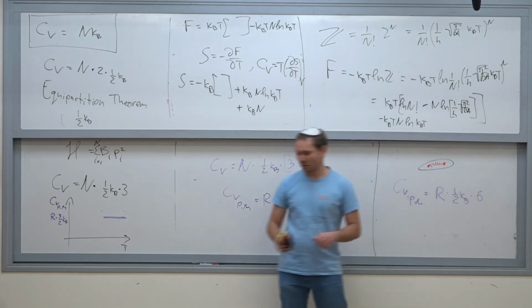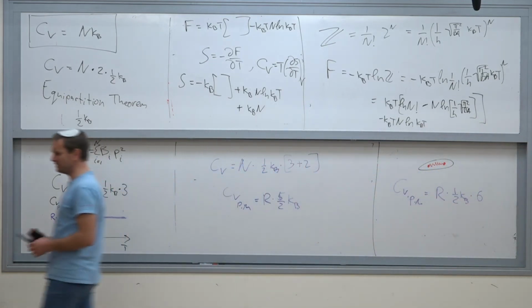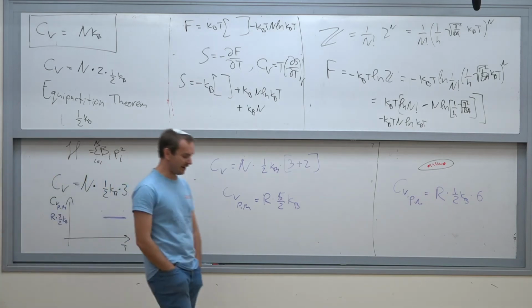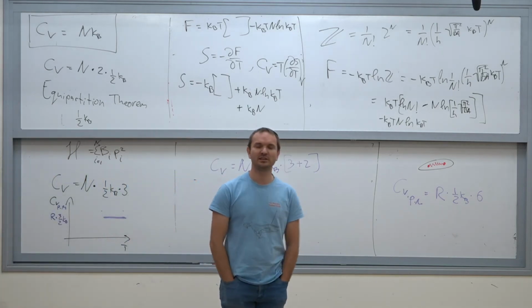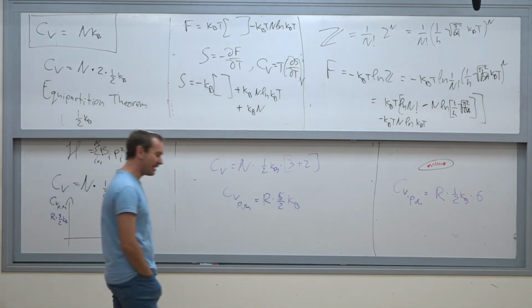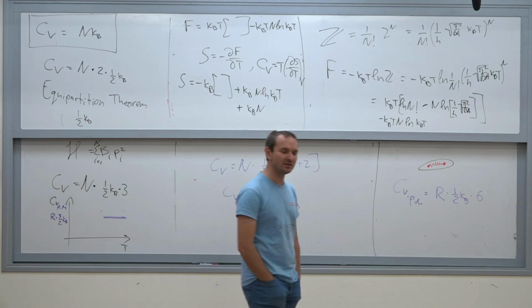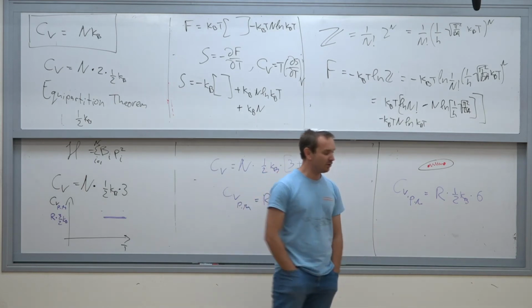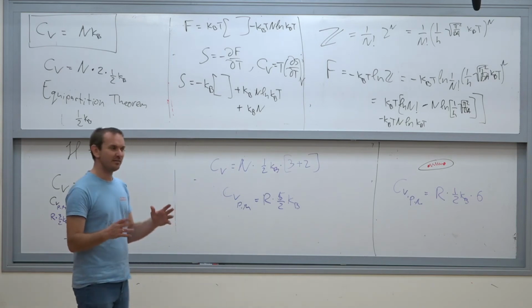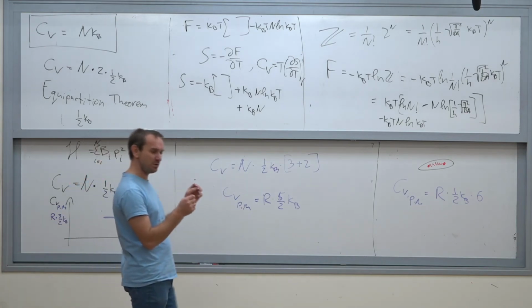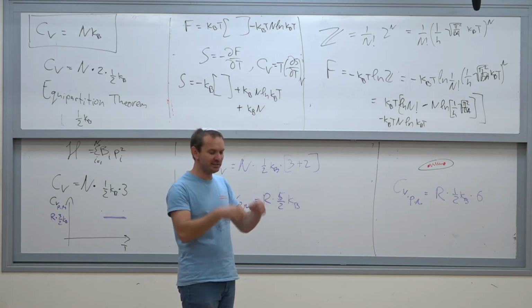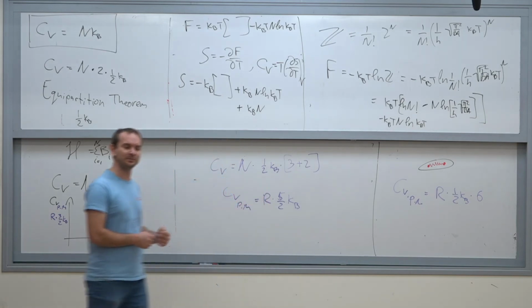First of all, what it tells me is that if I obtain some specific constant heat capacity, I can know what the constituents of my gas or my substance are that I've been measuring for high enough temperatures. I don't need a microscope in order to go inside and say, well, this molecule has such and such degrees of motion, degrees of freedom.